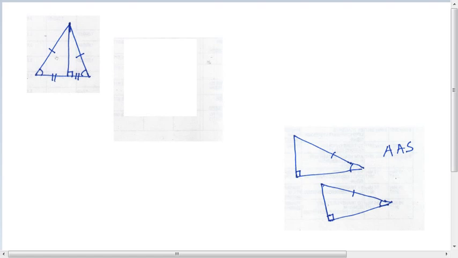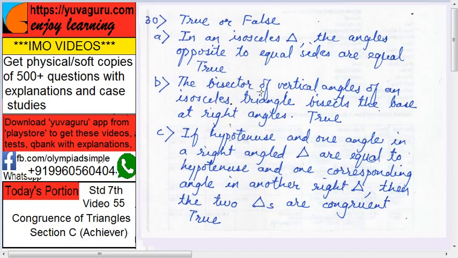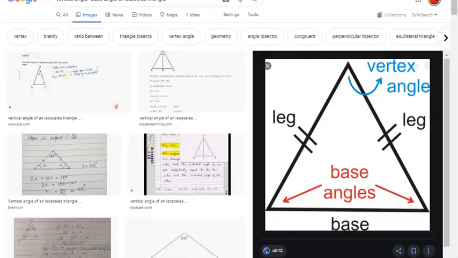That's true. Next, the bisector of the vertical angle of an isosceles triangle bisects the base at right angles. Here, what is the vertical angle? We have seen it earlier. See, this is the vertical angle or vertex angle, and these are the base angles, which are opposite to the congruent sides.